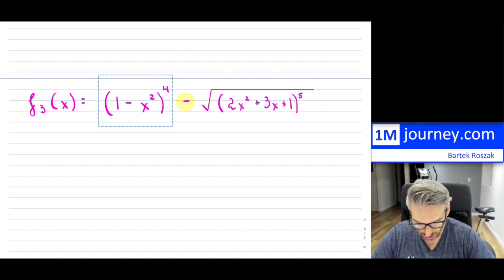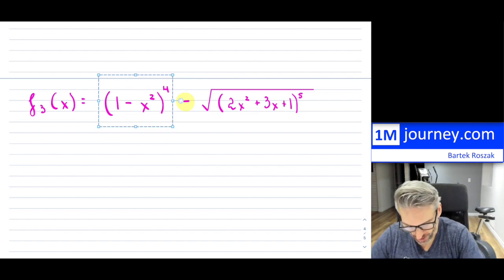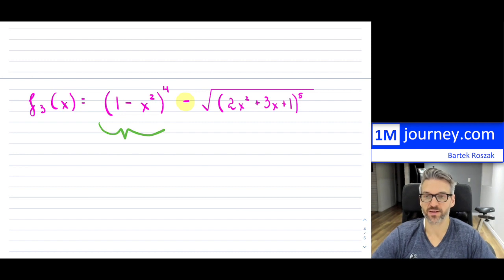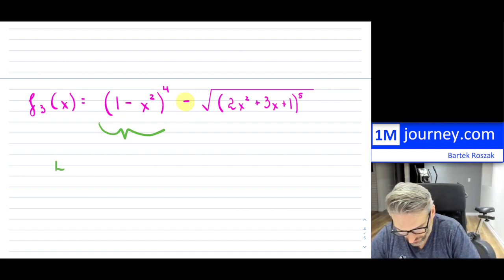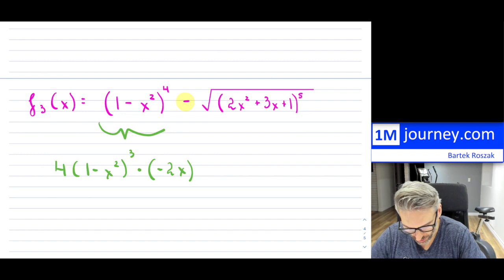So I have one term. Now notice this term is a composition of two functions, one inside of the bracket and then the power. From that, I can find the derivative of this. The derivative here would have been 4 times (1 minus x squared) to the 3, multiplied by negative 2x, because that's the derivative of this right here.